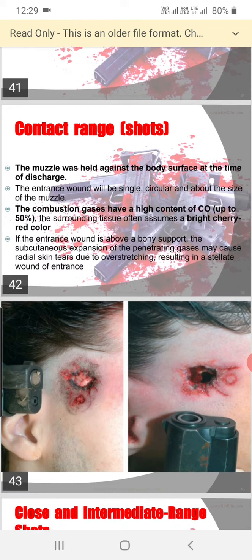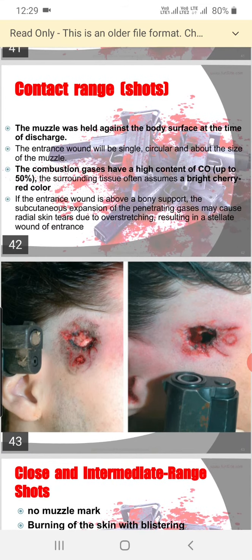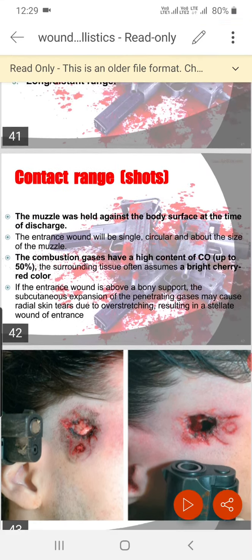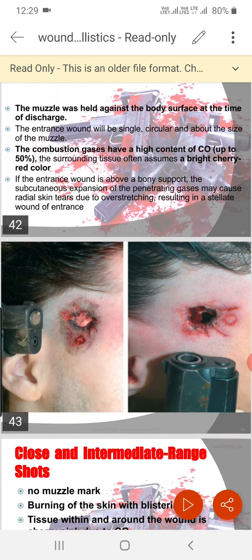The subcutaneous expansion of the penetrating gas may cause radial skin tears due to overstretching, resulting in a stellate entrance wound. So here you can see there is a black color ring plus there is a stellate shape appearance around the wound. Okay, so this is the characteristic of a contact range shot.